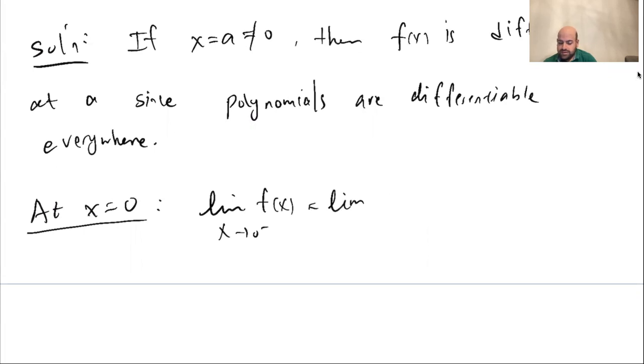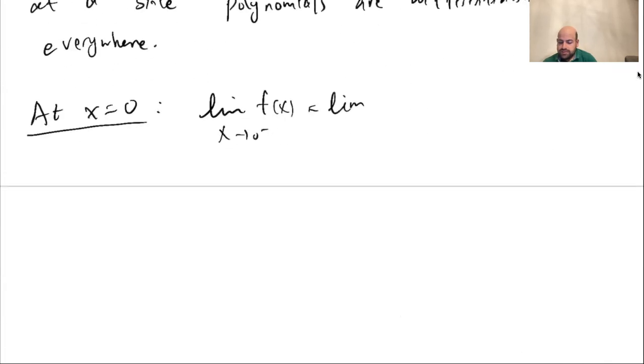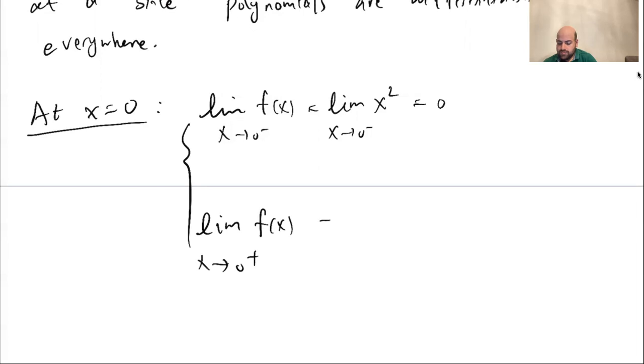Left limit means limit of x squared, right? And the right limit is also 0, because limit of x cubed is also 0.